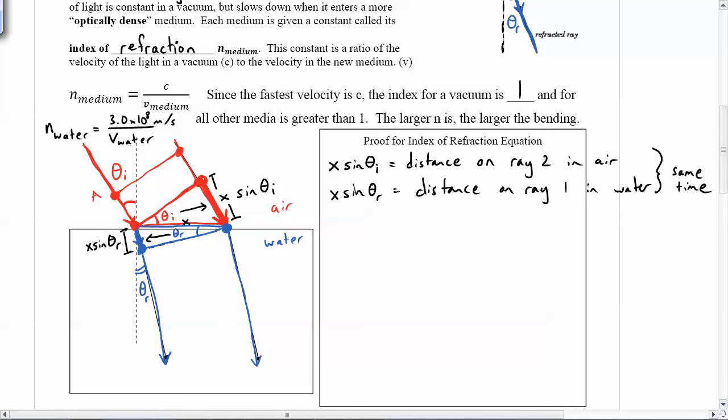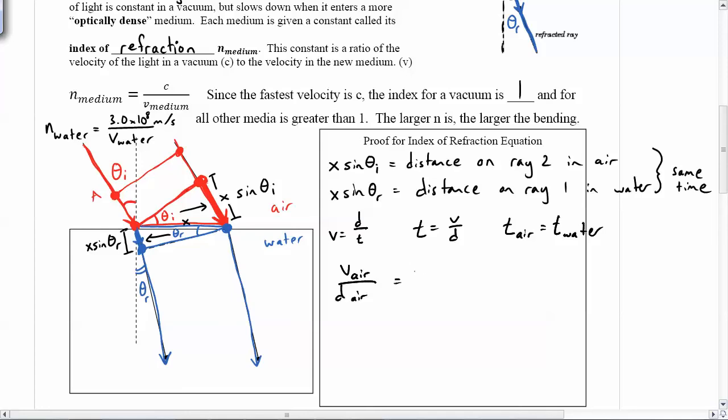So since velocity is distance divided by time, that means that time is distance over velocity. So the time in the air will be the same as the time in the water for those two parts. The time in the air is the distance in the air divided by the velocity in the air.